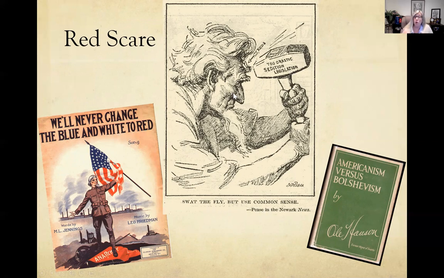So there's going to be new laws that come out to restrict any sort of subversive activity that was going on in the United States. But look at Uncle Sam.